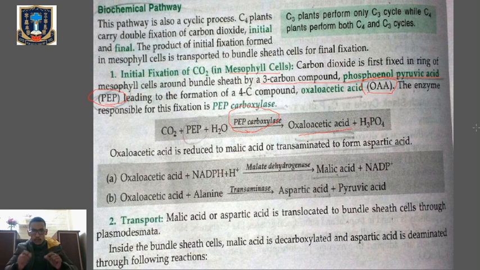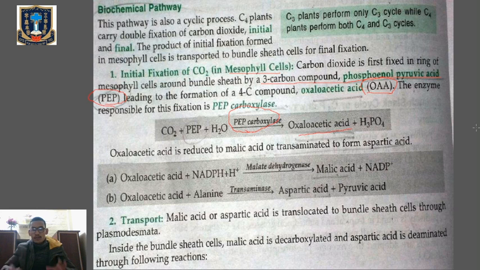So the carbon dioxide fixation in the initial part is mainly by phosphoenol pyruvic acid, which leads to the formation of a 4-carbon compound called oxaloacetic acid. Hence the pathway is called the C4 pathway, and this reaction is triggered by an enzyme called PEP carboxylase.